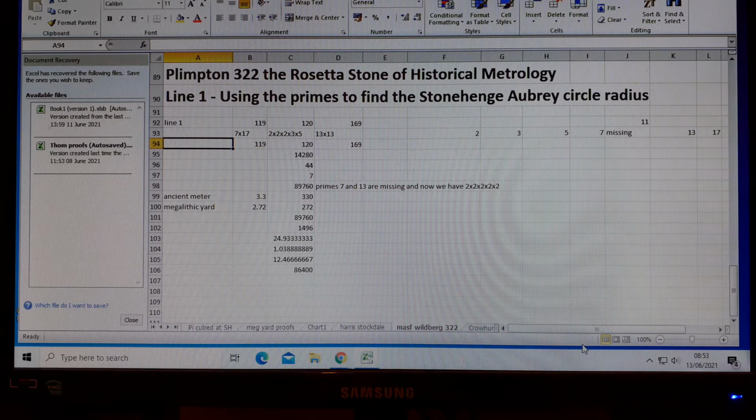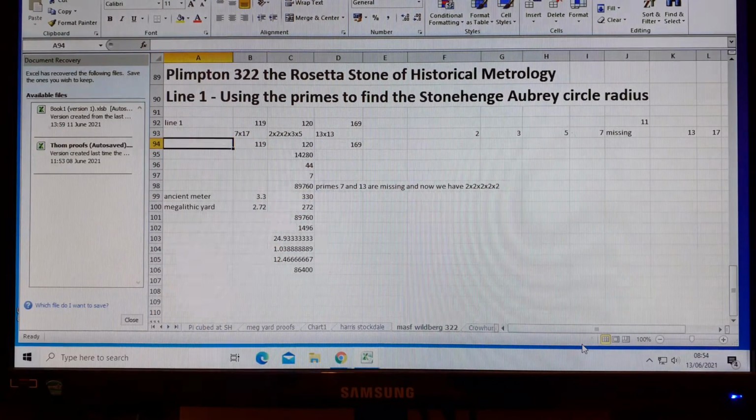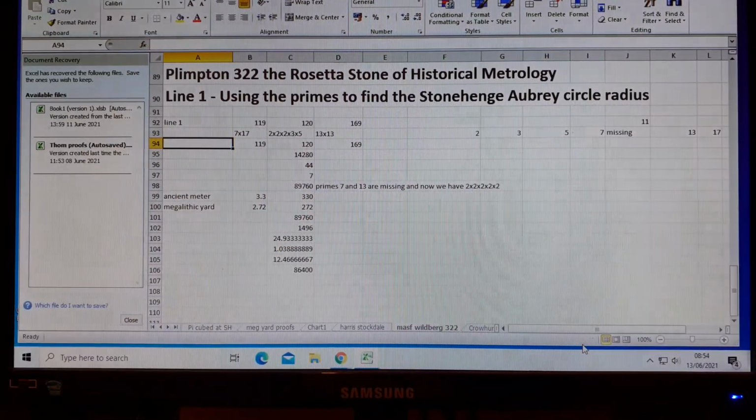Now that means that 7 in a circle is a radius, and we're going to multiply 119 times 120, which is 14280 by 44/7, and we're going to get the Aubrey Circle circumference, which is 897.6 feet.